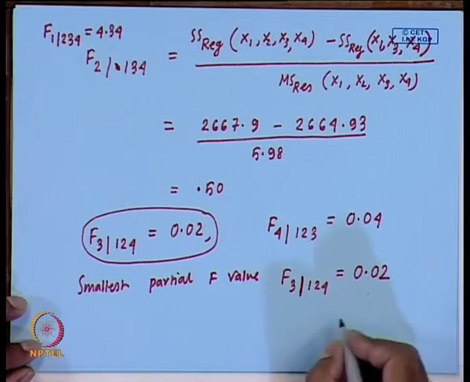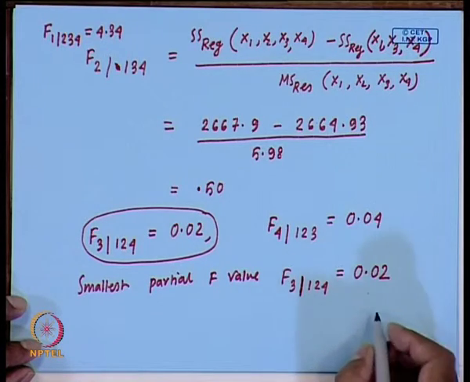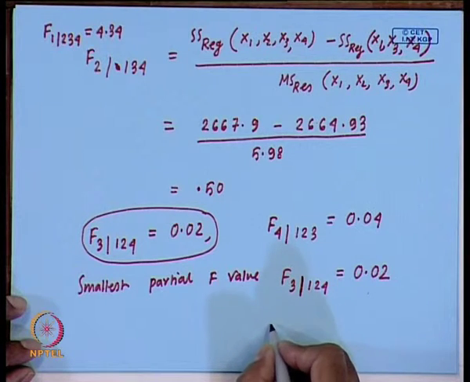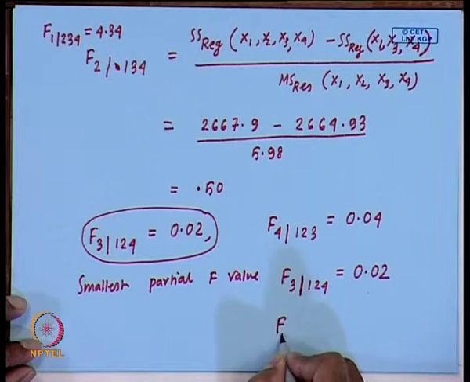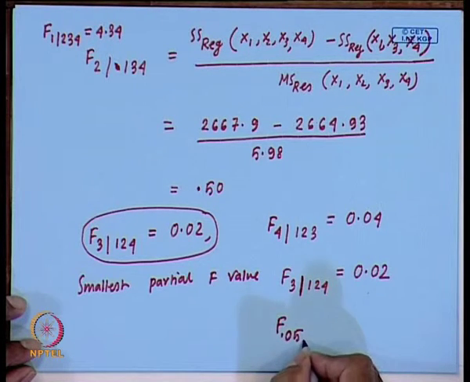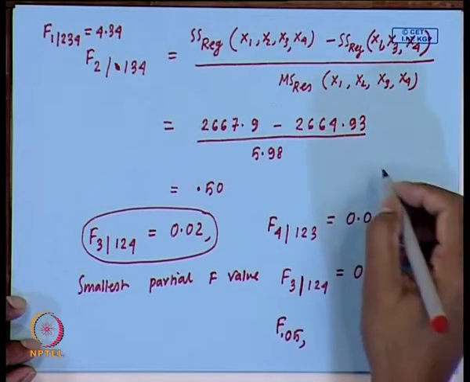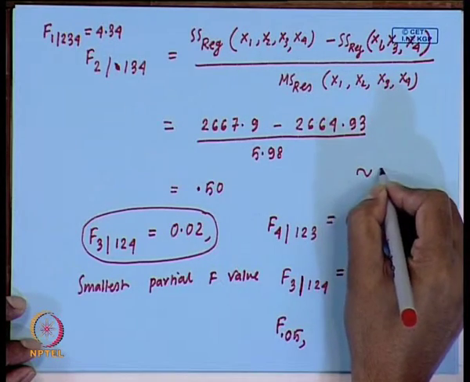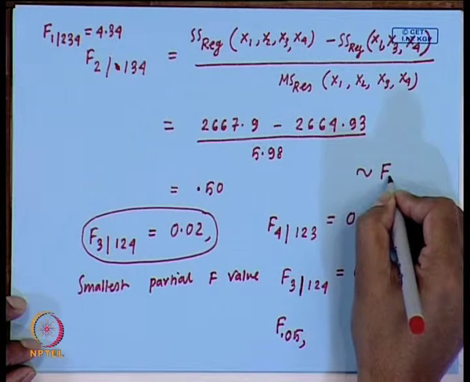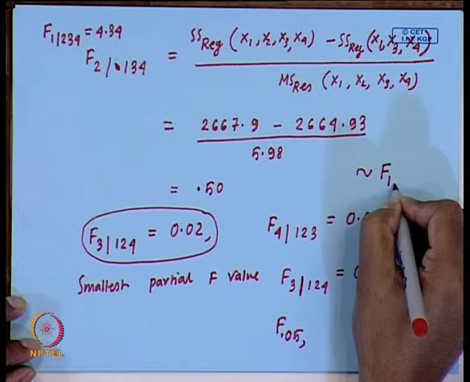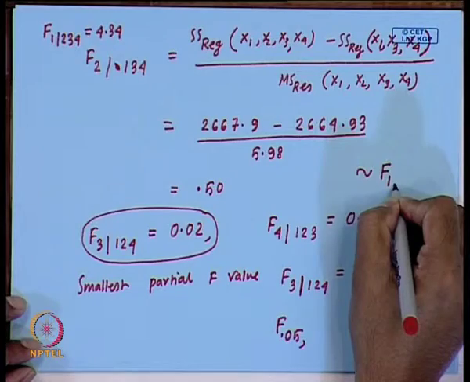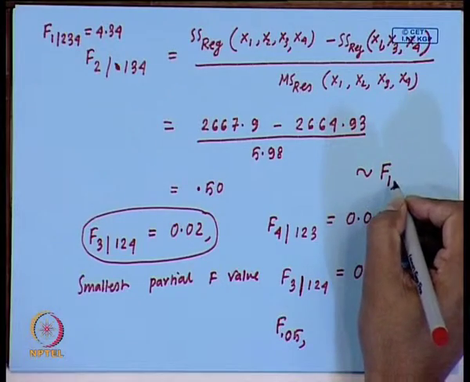So, the tabulated value or F out here is F 0.05. So, we took alpha equal to 0.05 and this partial F statistic follows the F distribution with degree of freedom 1 and the error degree of freedom for the full model.